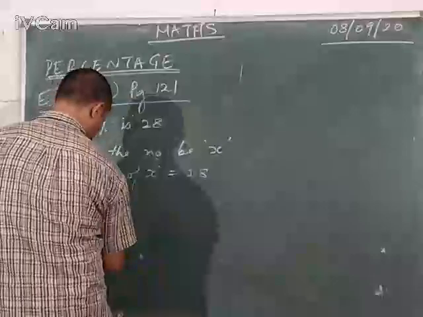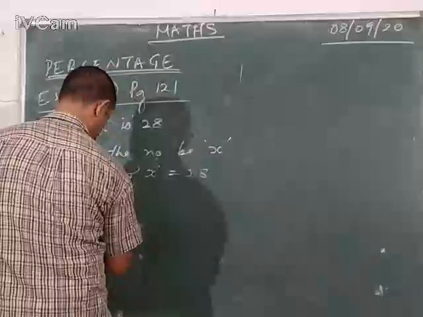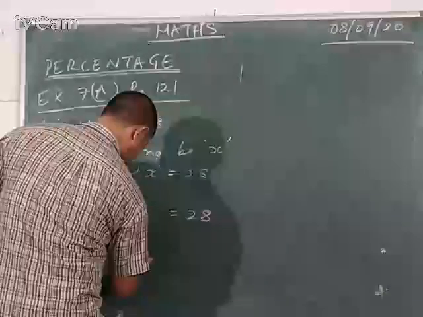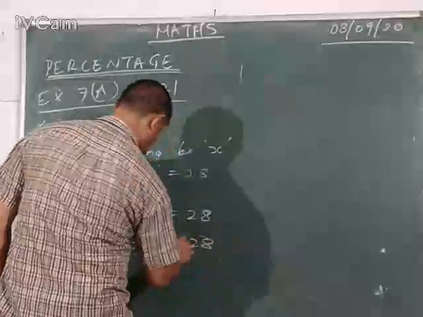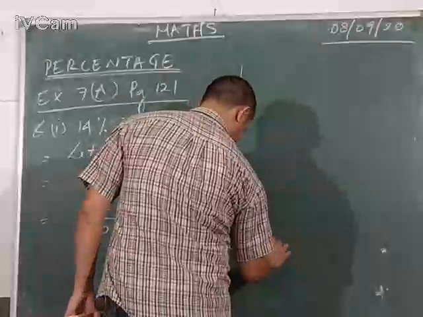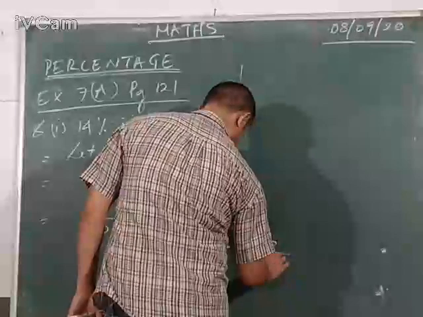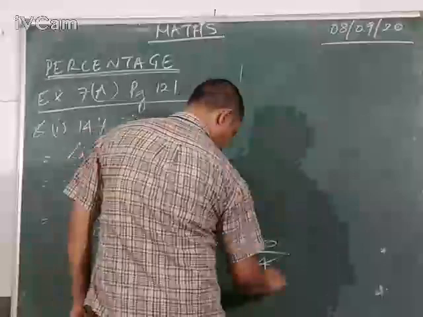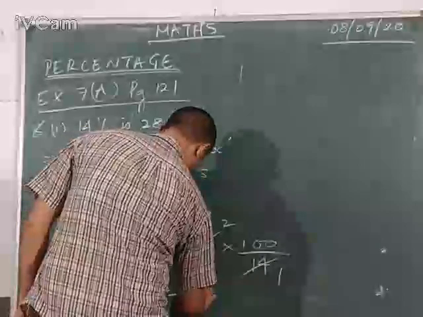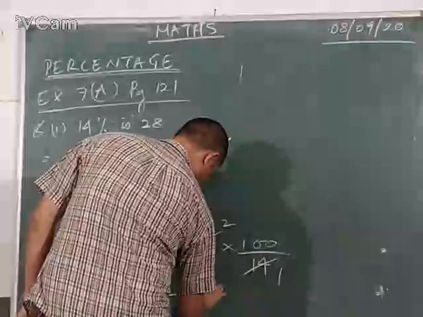14% is again 14 upon 100 into x is equal to 28. x is equal to 28, this whole thing goes that side and this becomes reciprocal. I hope you know that. 14 ones are 14, 14 twos are 28. 2 into 100 is 200.